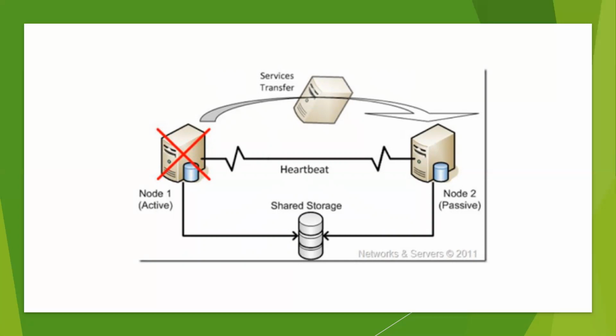I send a request to the server, and if my server gets shut down, my request is automatically transferred to the second server. So my request will not stop or be wasted. The second server will process my request and send the response back to my client machine.